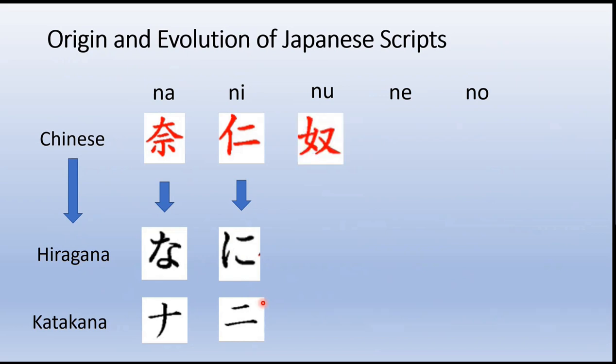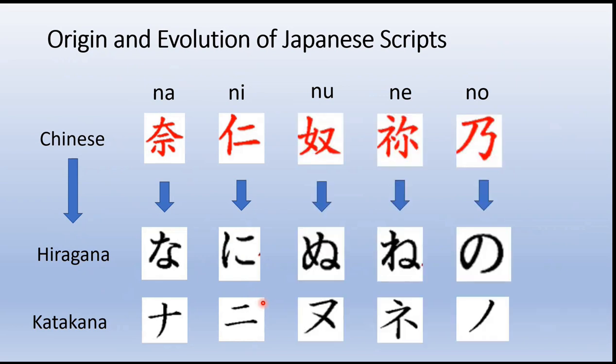Similarly, the other three, nu, ne, and no. So you can see here how these symbols have been simplified to form the Japanese phonetic scripts. As we mentioned, Hiragana has cursive roundness in its symbols, and Katakana has sharp and angular lines.